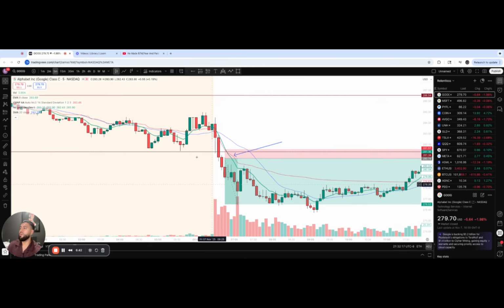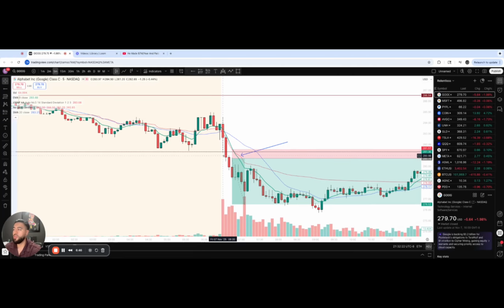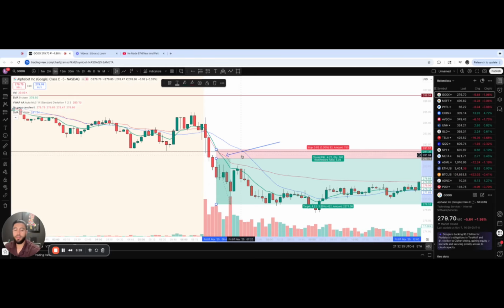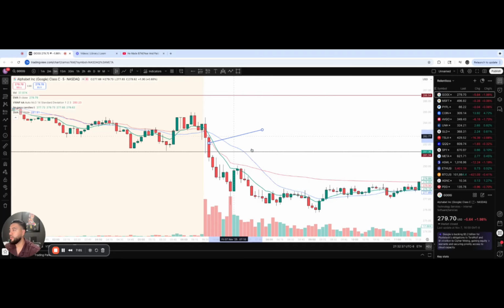So not only do I wait for that break of pre-market lows or pre-market highs, but I wait for the candle to actually close. The reason why I wait for the candle closure under those levels is because this thing can literally wake itself back up, like how it did here on this candle right here.